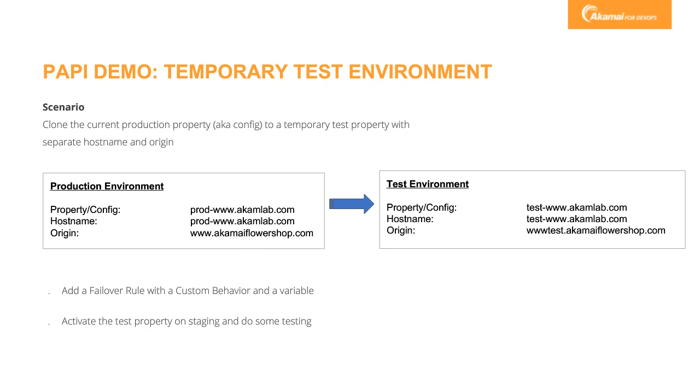So why would you do this? There are a couple of different reasons. Although we have a staging environment at Akamai where you can take your production config, make some changes to it, push it to our staging network and run some tests, and then if it's working fine, push it to production, that doesn't work in all cases.